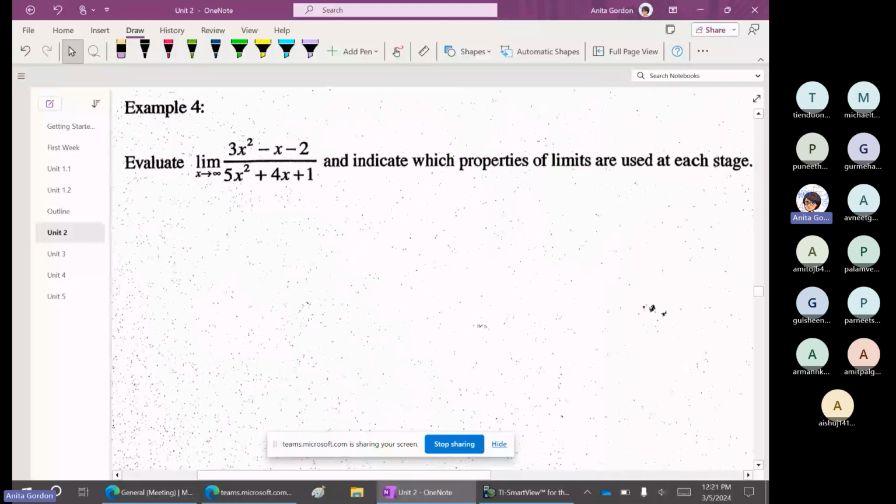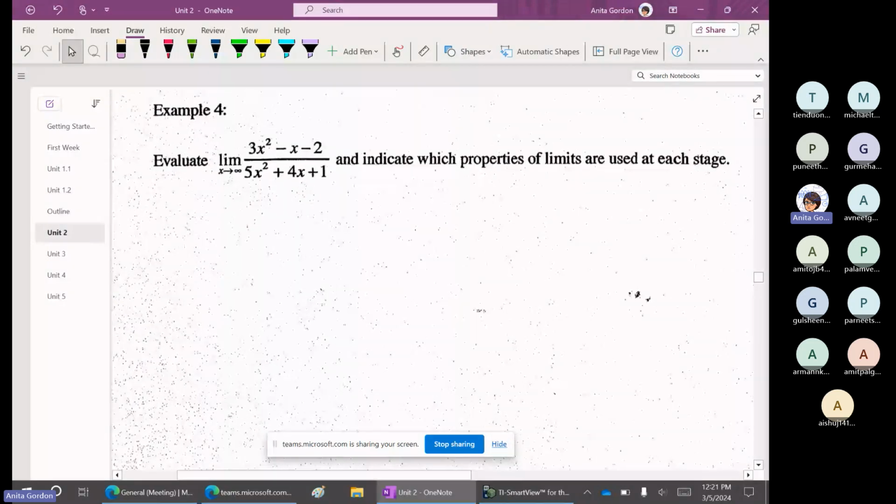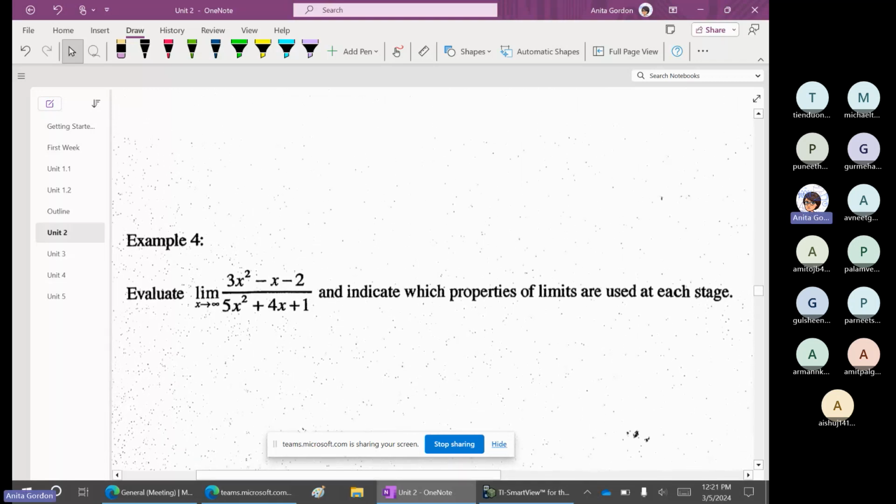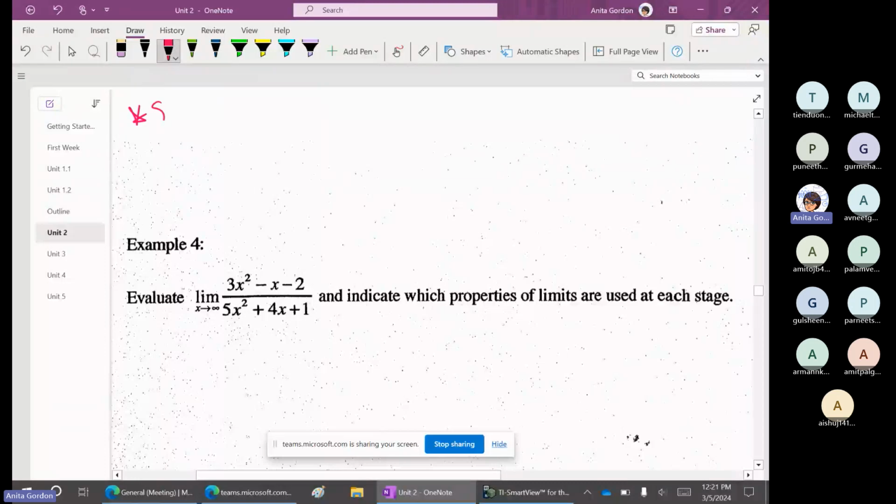Evaluate this as x goes off to infinity and indicate which properties of limits are used at each stage. Okay, I am going to show you how to do this strategically in order to make it a lot easier on yourselves. So I'm going to make a note here: strategy.